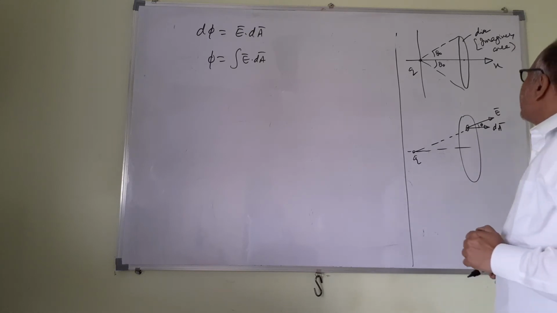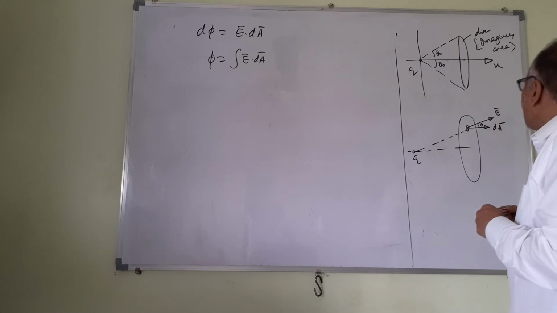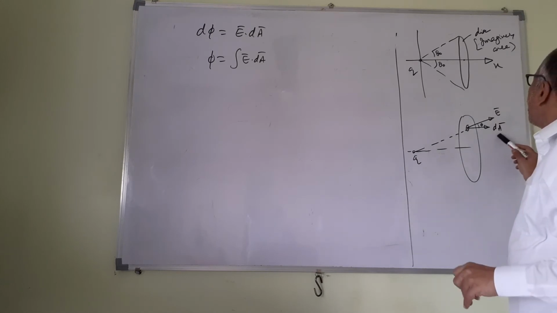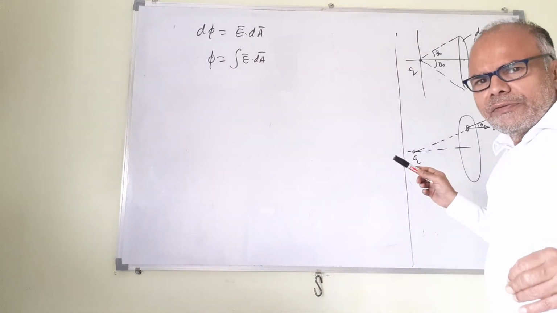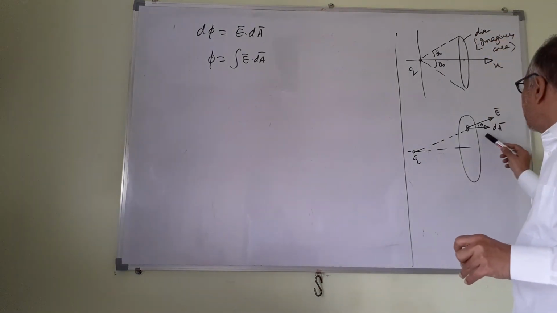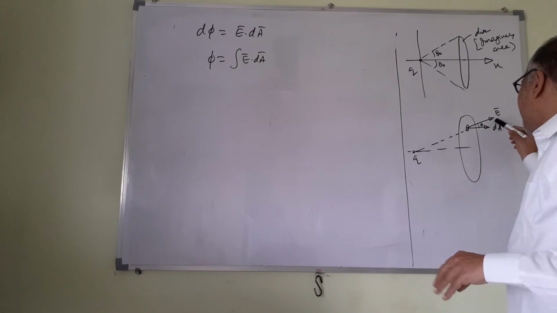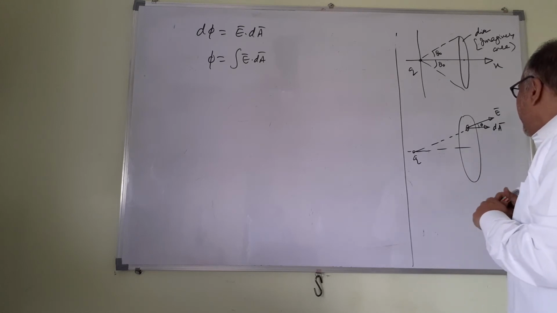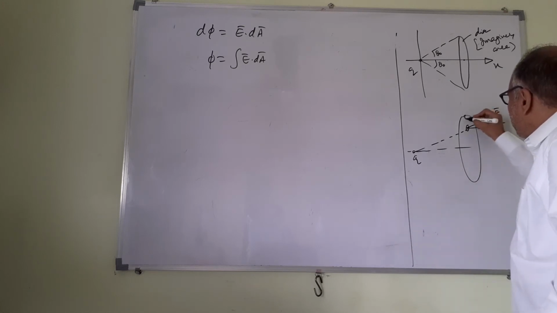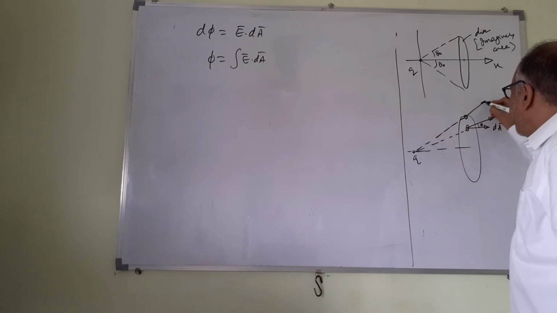But now I find there is some complication. What is the complication? dA no doubt has got a certain infinitesimal value, and it is along the positive x-axis. But the direction of E would be different at different points. If I took E here, E would be like that.